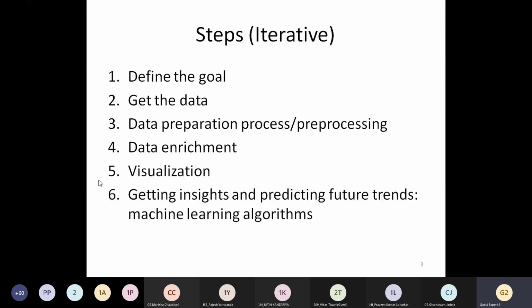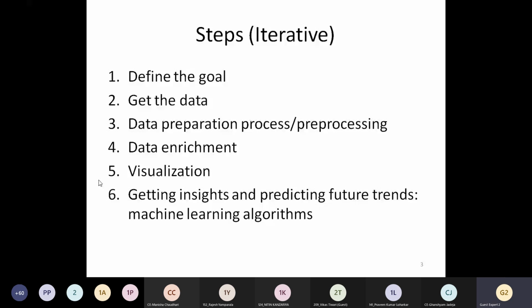At the end of the fourth step, your data set is completely ready for analysis. The fifth step is data visualization, where you plot your data using a graph. Why do we plot the data? By looking at the graph, you can identify whether your data set is linear or non-linear.